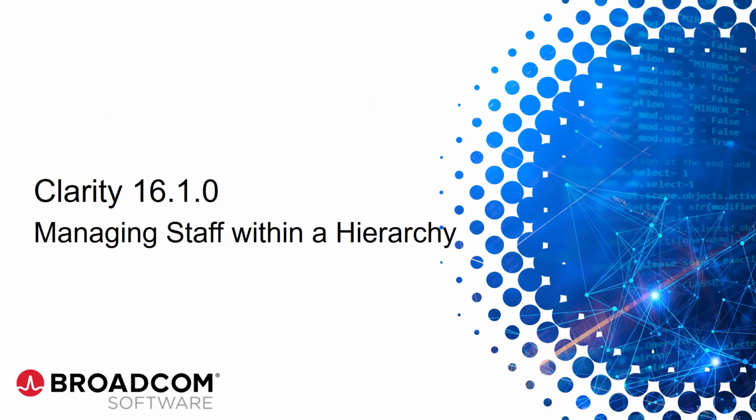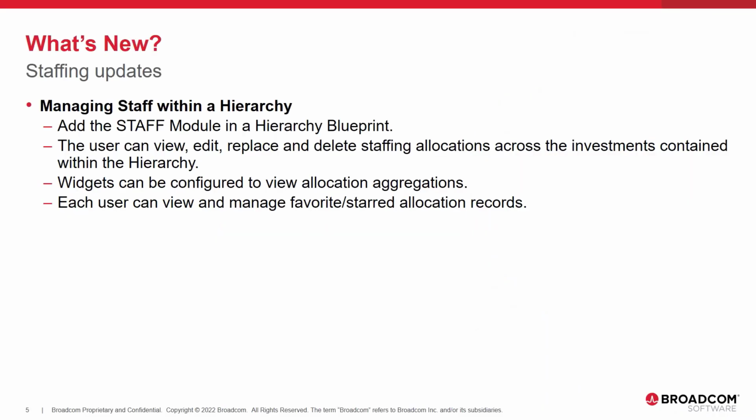New in Clarity 16.1, Managing Staff Within a Hierarchy. So what's new? The hierarchy blueprint now has the staff module available for configuration. The manager can manage staffing allocations across investments contained within a hierarchy using the generic grid capabilities to view aggregations through widgets and to perform activities such as editing, replacing, or deleting the allocations.